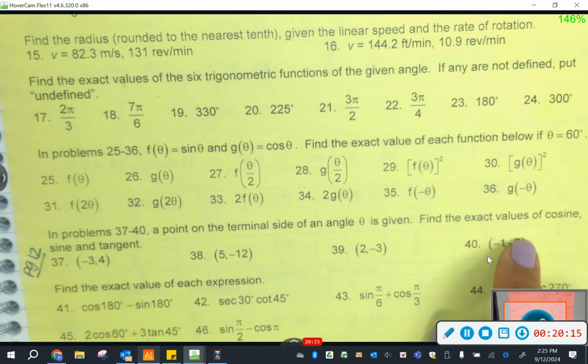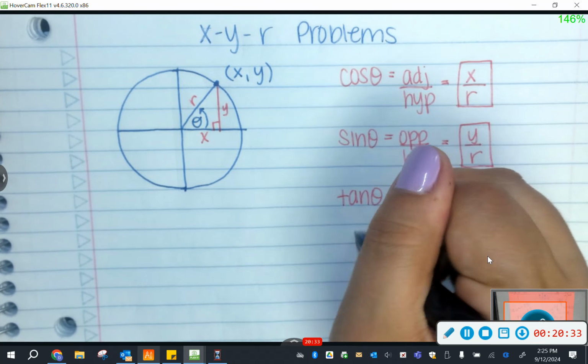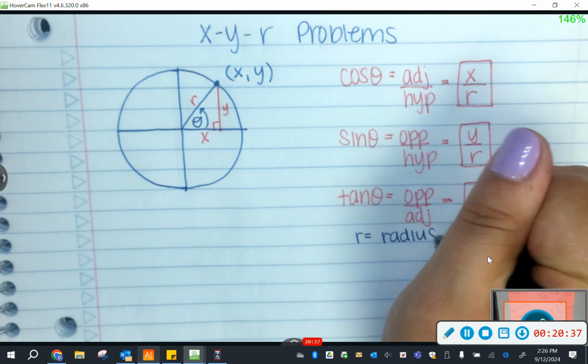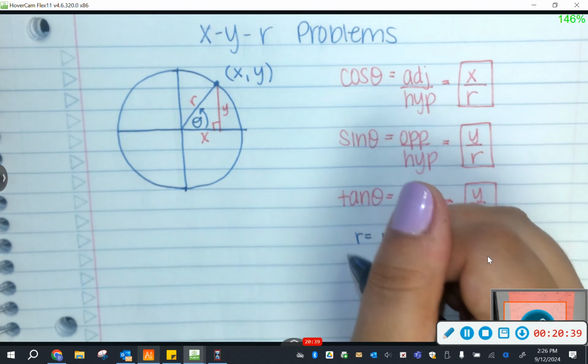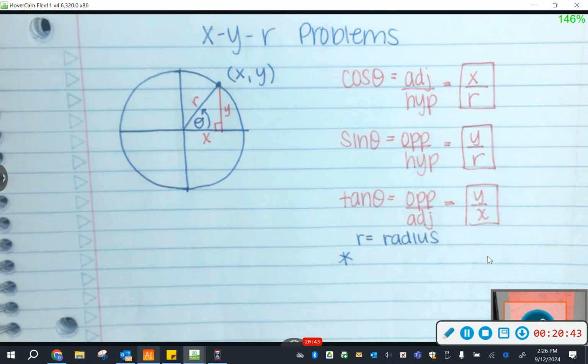Okay? So, if you look at that, do you agree on all of these I gave you points? I'm giving you the X and the Y. How do I find R? What does R stand for? Radius. How do I find that radius if you know X and Y?